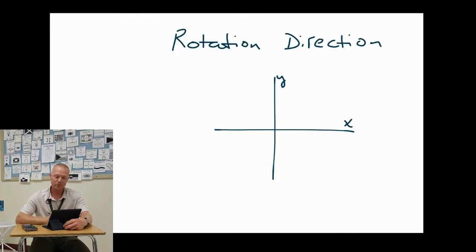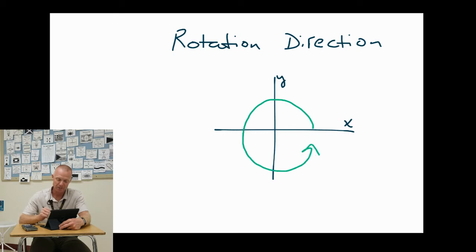Before I give you another one to try, here's just like a little carve out. I would still put it in your notes. I just haven't talked about this yet, and now's the time that I want to. When you rotate on the x and y axis in this direction, did you see the direction that I turned? That's a positive rotation.